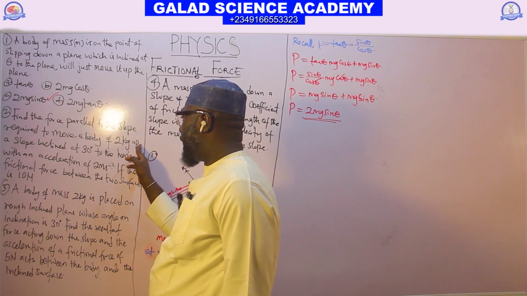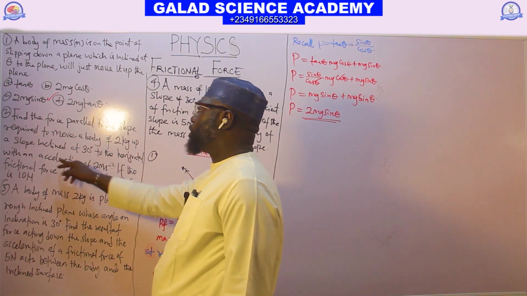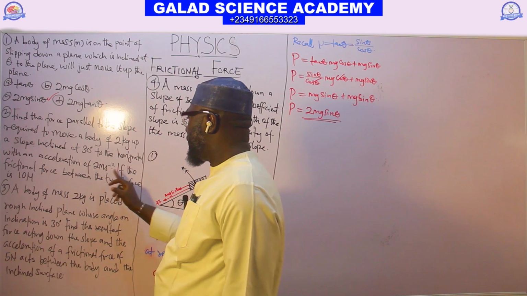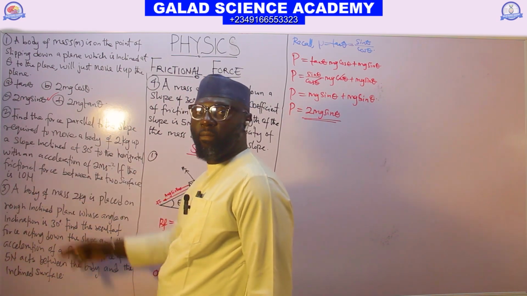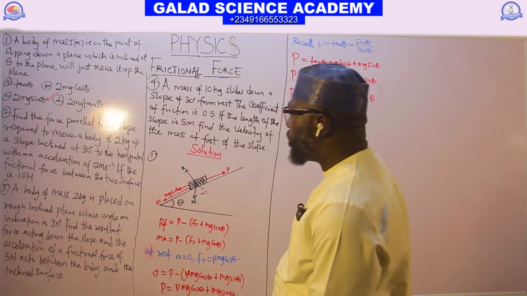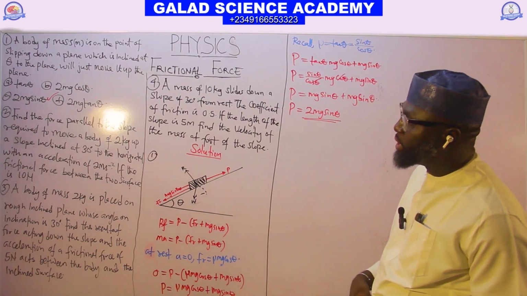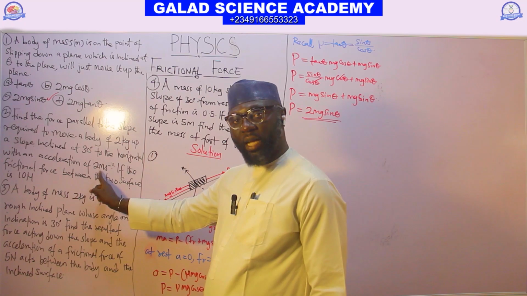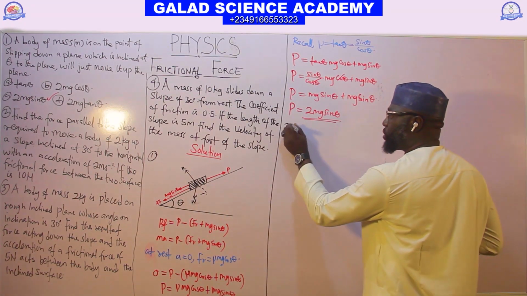The applied force is what we are looking for here, to move the body up the slope inclined to the horizontal with acceleration, if the frictional force between the two surfaces is given. So here too, we are looking for the force that makes the body move along the plane, and we are given the acceleration. Let's solve the second question.